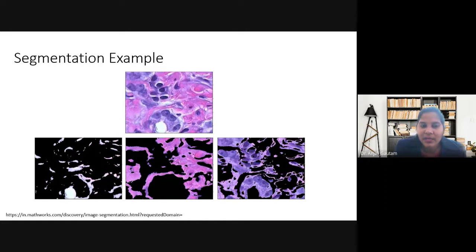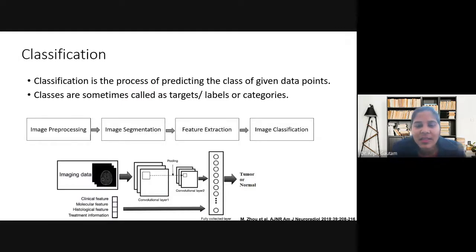Here white color, there light pink color, and here light blue color. These are the nucleus on the right-hand side, these are the blood or the muscles present in your body, and these are some water content level. So this is the segmentation.